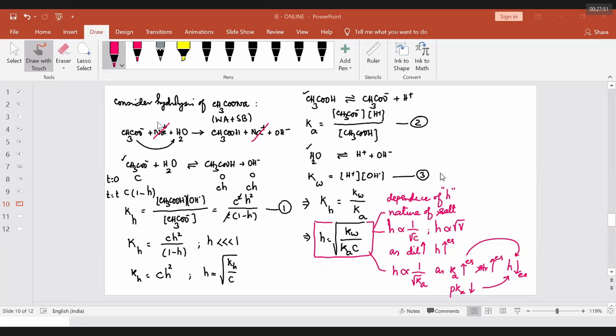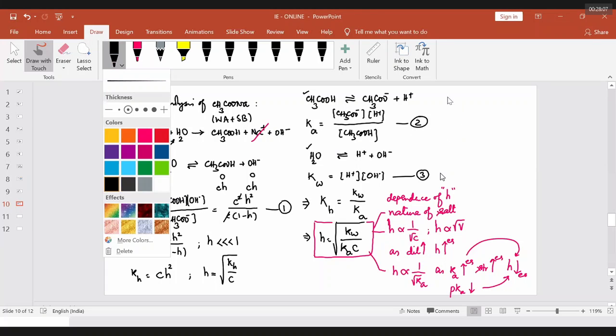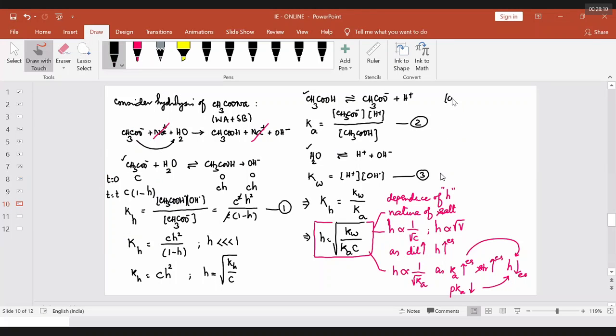No, sir, we don't have H plus ion. We have OH minus ion available here. No. Here we have H plus ion available. Therefore, we can take advantage of either this equation or this equation. Since I am saying the solution is basic in nature, I should take the concentration of which ion? OH minus ion.